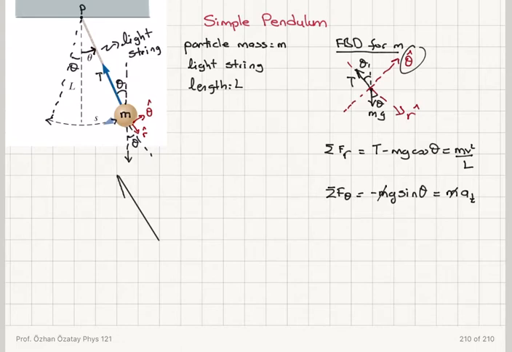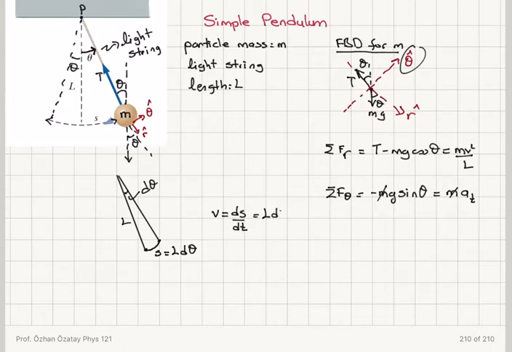Now, when I look at a certain angular displacement here, if I draw this, making a small angular displacement d theta along this path, this is going to draw a circular arc, and this is L, so s, the length of the circular arc that I'm drawing, is L d theta, right?